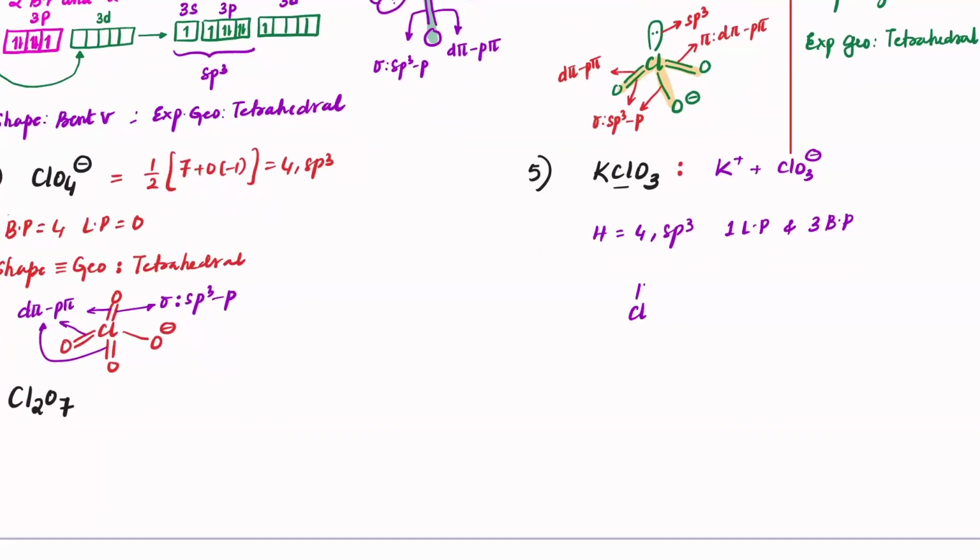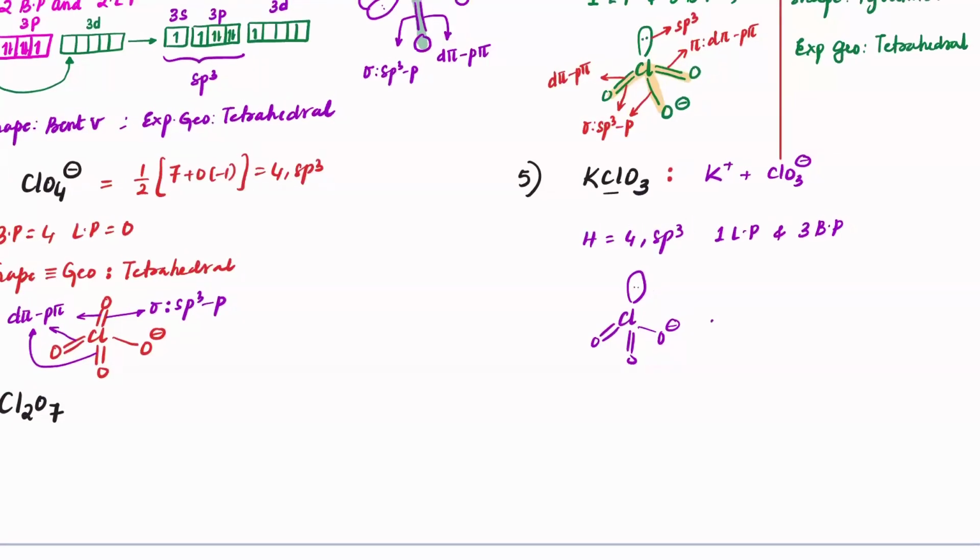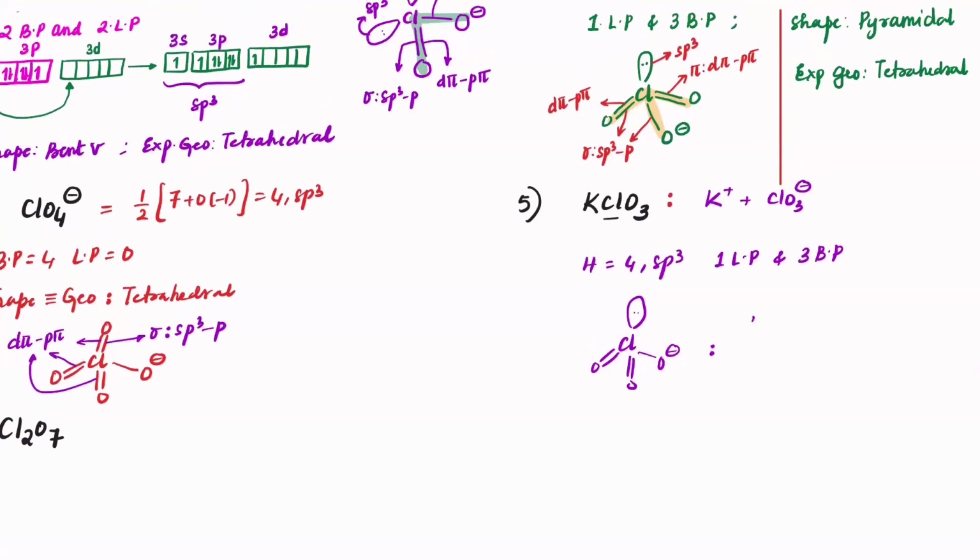Geometry will be Cl, double bond O, sorry, one will be lone pair, double bond O and O minus. Got it? And shape is pyramidal. Geometry is tetrahedral, as expected.